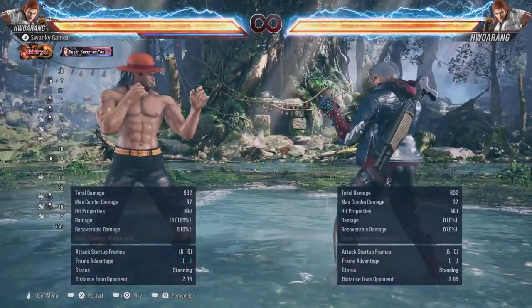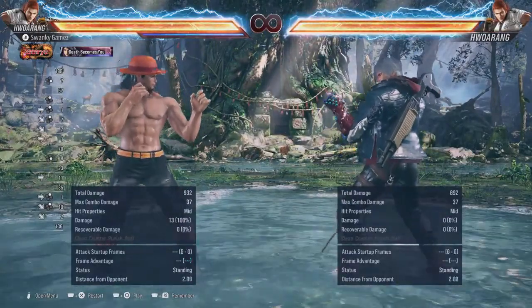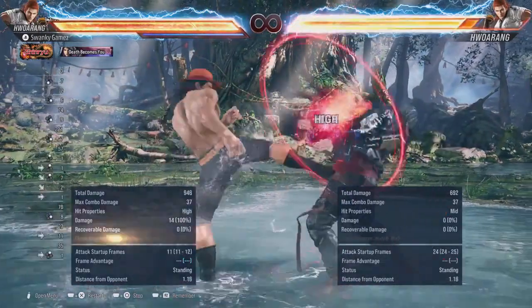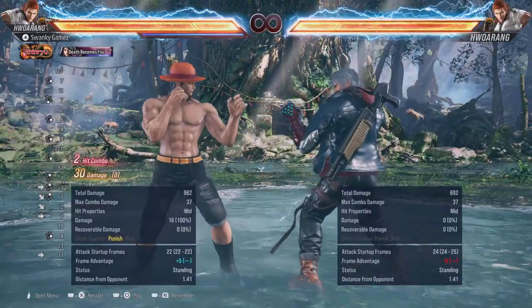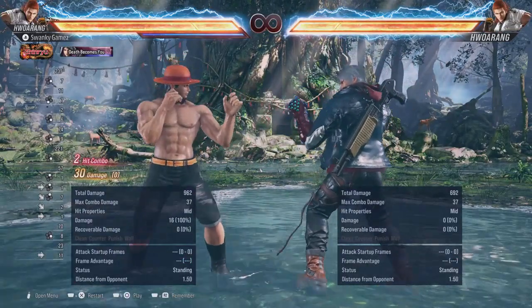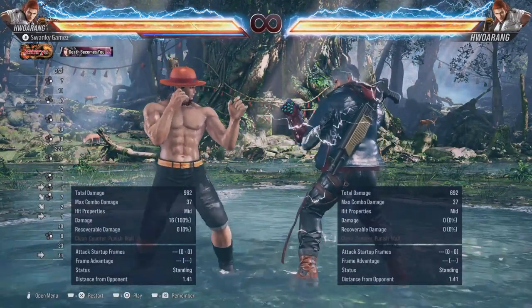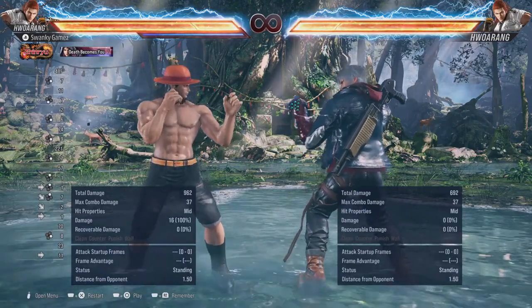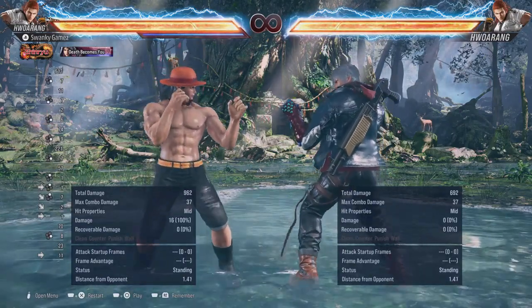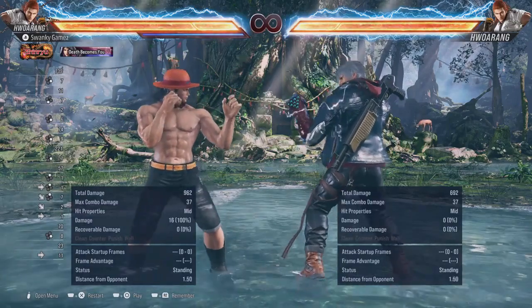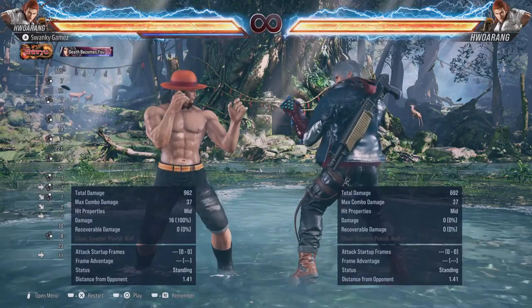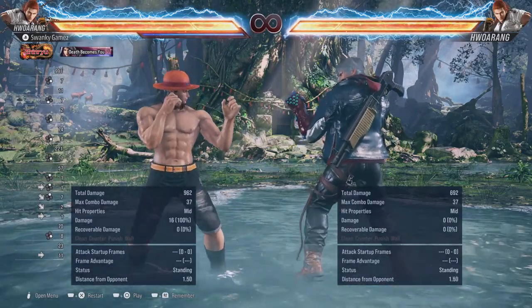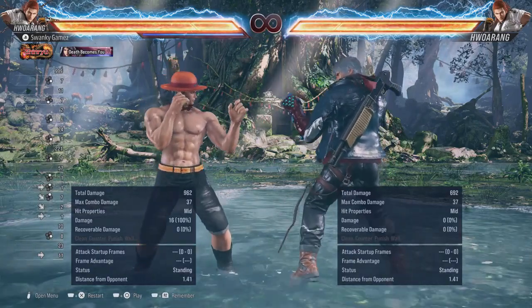As you can see, the punish didn't light up, there's no punish. But if I throw out a 4-3 like so, I get a pretty decent punish overall. Very, very solid. So this is where knowing what risk you're taking when you throw these moves out can really benefit you in the end.